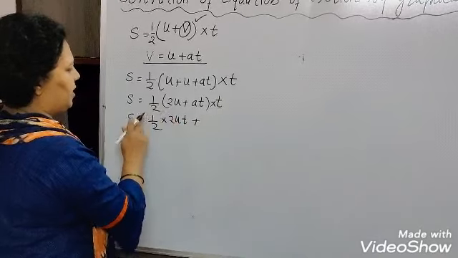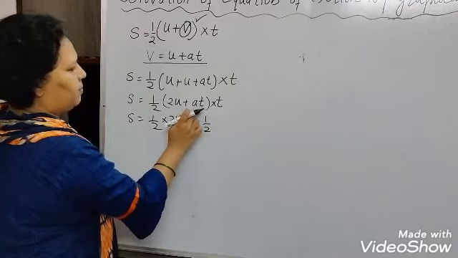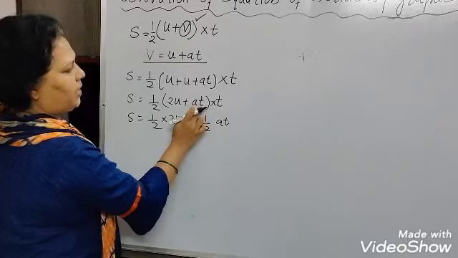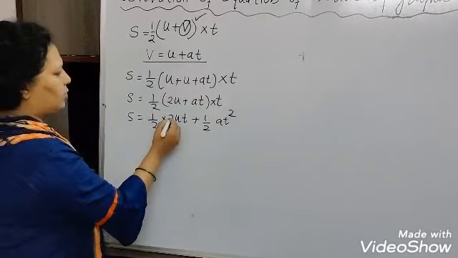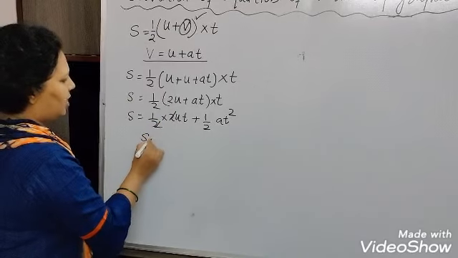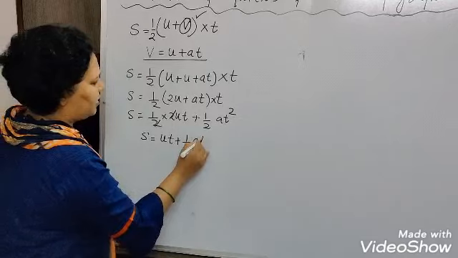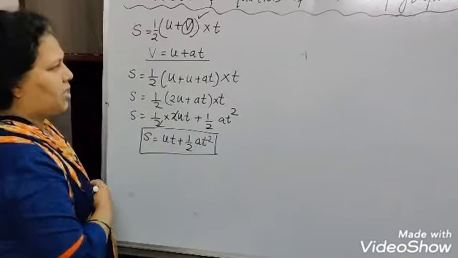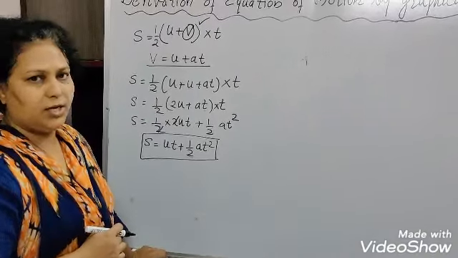Then plus, this half is multiplied with the second term, at, and t is also multiplied with the second term, so it will become at square. Now the 2 and 2 will cancel, s equal to ut plus half at square. This is the second equation of motion. So graphically we have derived all three equations of motion.